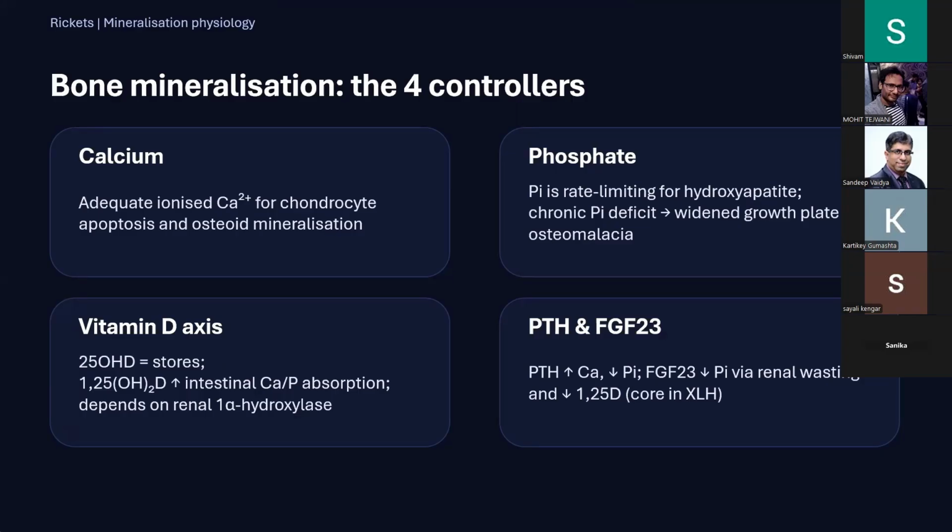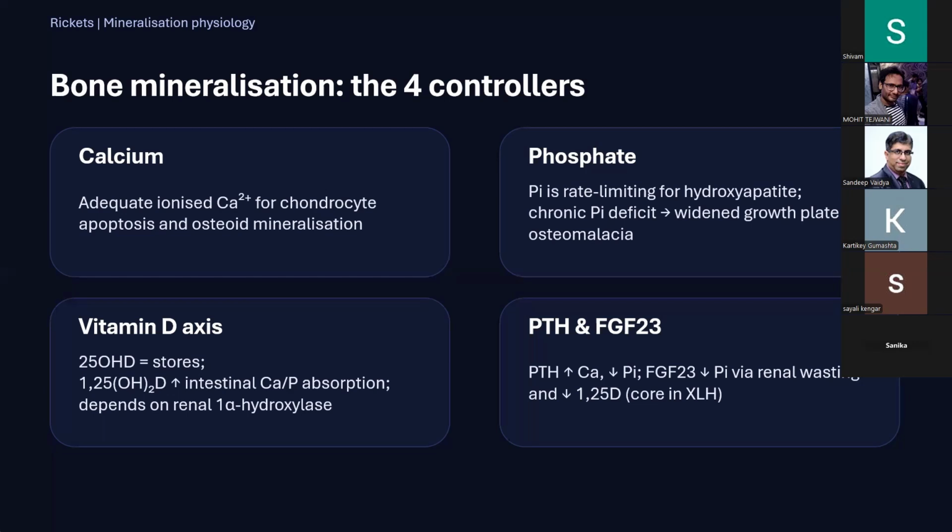First is calcium. Adequate ionized calcium is required for chondrocyte apoptosis and osteoid mineralization. Second is phosphate. The phosphate ion is rate limiting for hydroxyapatite. In a chronic phosphate deficit, there can be widening of the growth plate along with osteomalacia.